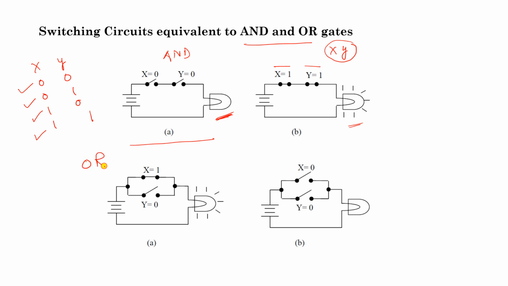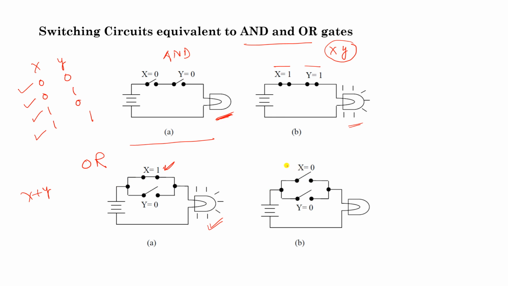And this is equivalent to OR. Look at this, for OR, x plus y, if one of the variables is true, then x plus y will be true, that is, it will have value 1. If one of the two variables is equal to 1, then x plus y will be 1. In this case x equal to 1 and y equal to 0, so the result is 1, an on state.